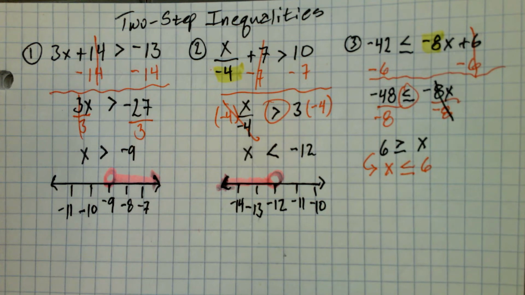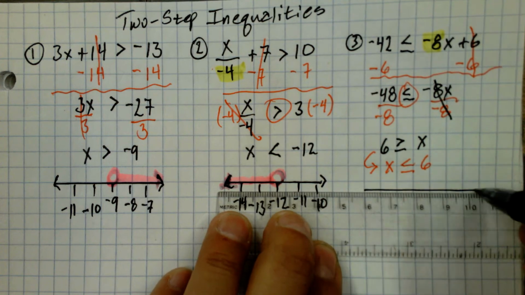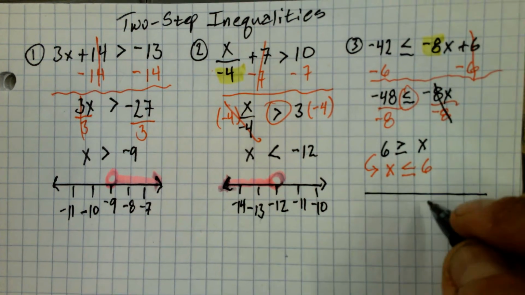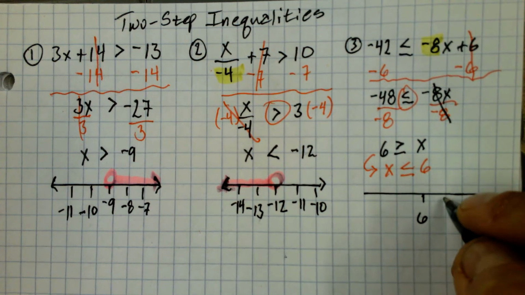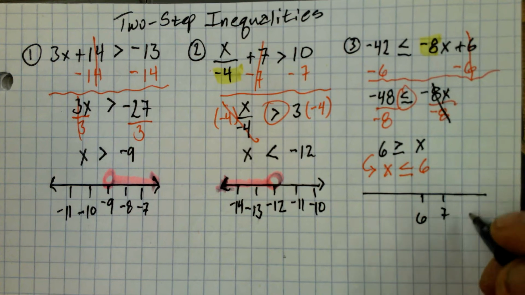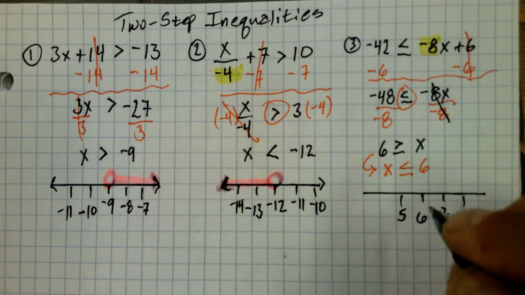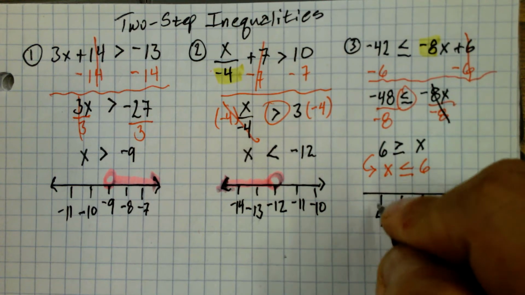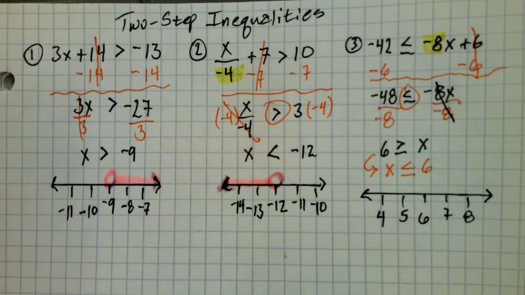Okay. Let's go ahead and put 6 in the middle and pick a couple numbers on each side. A couple numbers smaller. Okay.